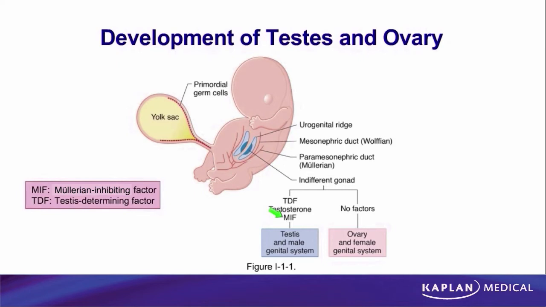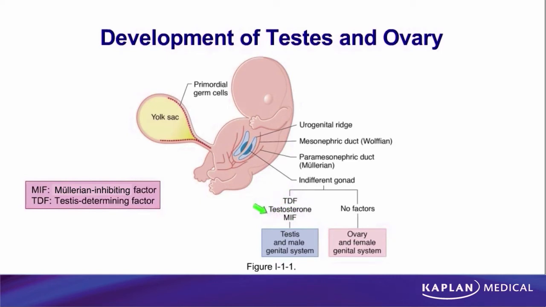Well, then that embryo would have a testis, would have a male genital tract, but would also have a female genital tract. So that would be one version of a mixed gender abnormality.